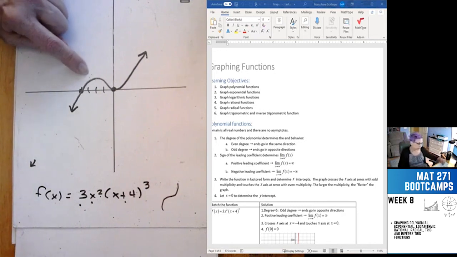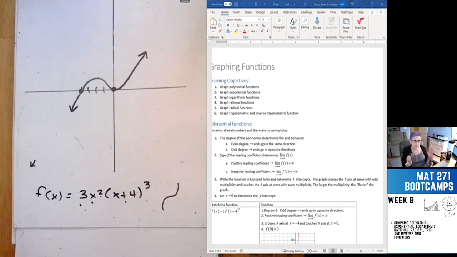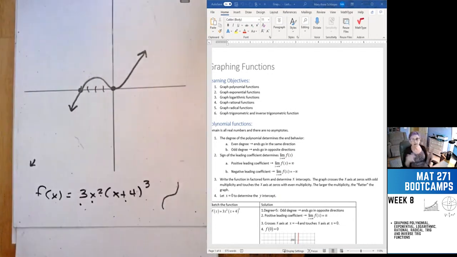Now you're going to learn to figure out where this little turn is and about concavity and where it's increasing and decreasing. That's what calculus is for. But if you can get this far, then the calculus is going to be easy. Questions so far? I have 2 zeros.